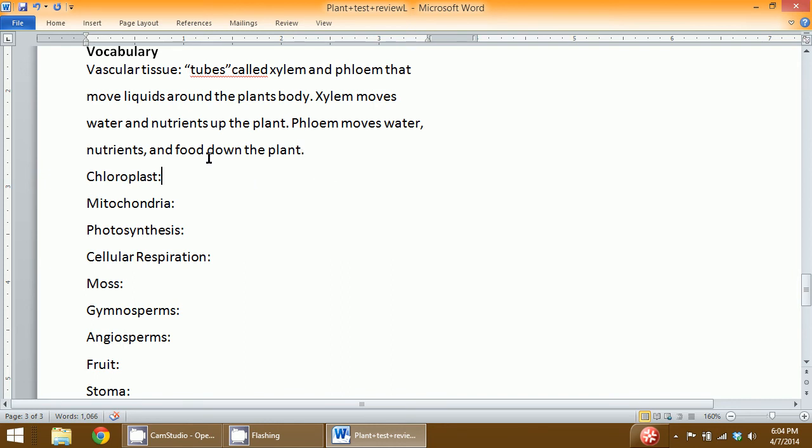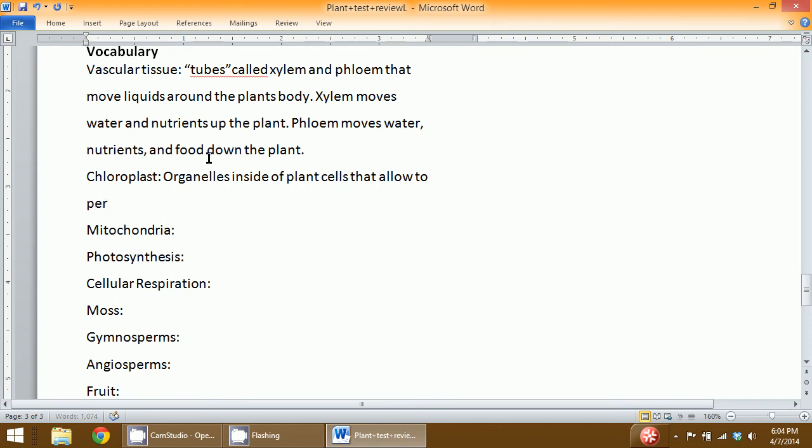Chloroplasts are the structures in cells, the organelles is what we call them, that allow them to perform photosynthesis. They contain chlorophyll, that is the pigment inside.